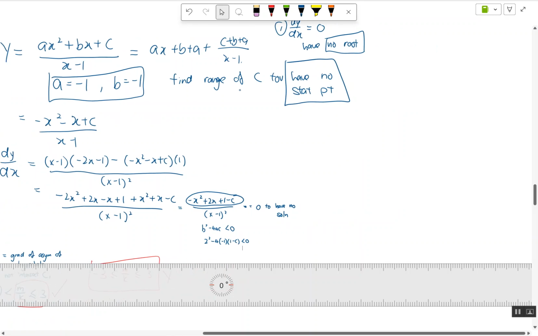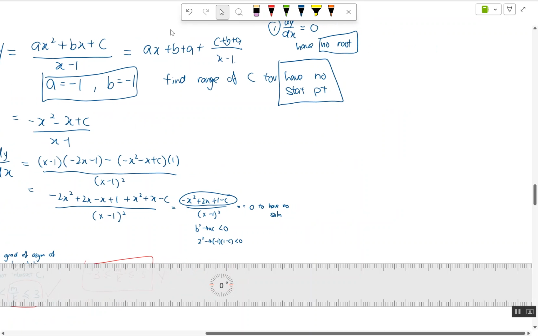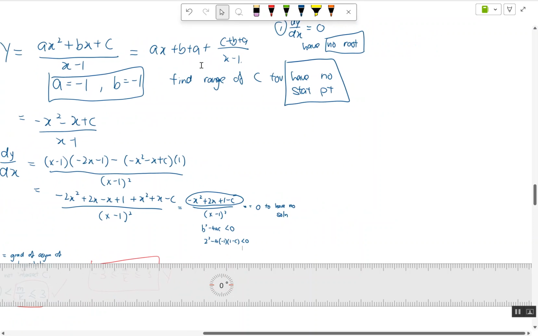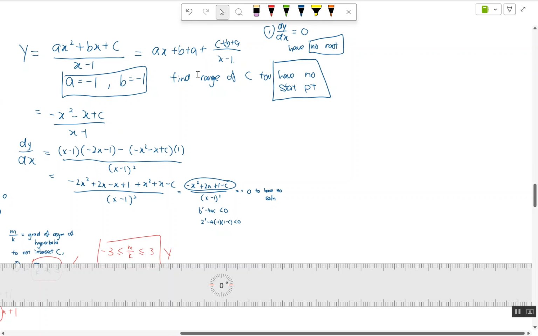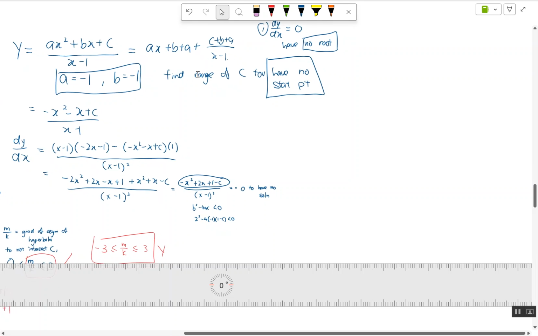Or if you have already done it in this way, it will probably be about the same thing. But the other one is more elegant in the way that, look here, y equals minus x minus 2 plus c minus 2 over x minus 1.